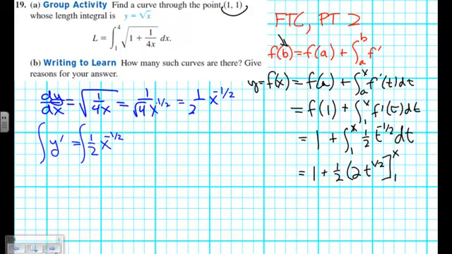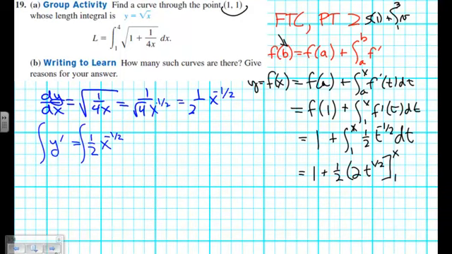We use this formula a lot when you say, I got some velocity function, I know my position at time 1, and I'm going to find out where I am at time 3. We use this form a lot.